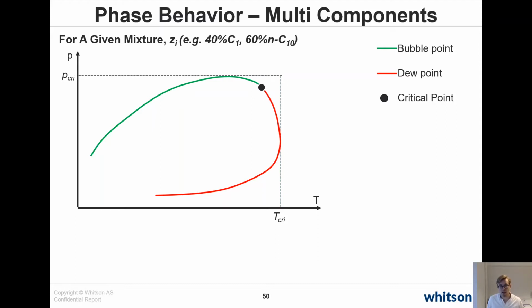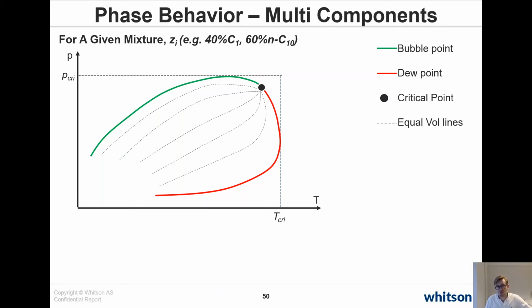So it's the tangent on the pressure axis, and then we have a similar concept on the temperature axis, called the cricondentherm, which is similarly the highest tangent to the two-phase region.